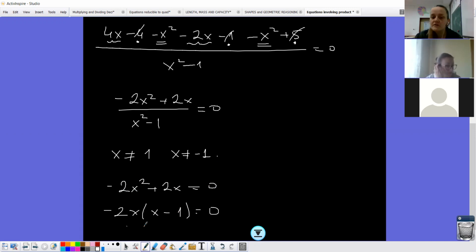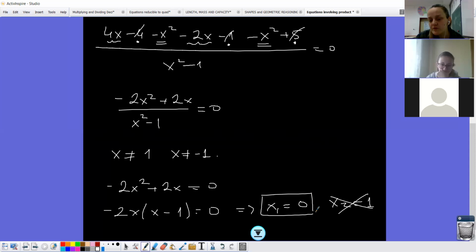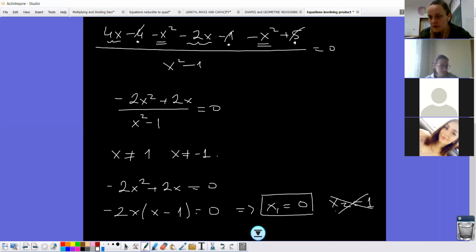So x1 will be 0, x2 will be 1, but we said that x cannot be 1, so our only solution will be 0. Is it clear? If you have any question, I can answer.